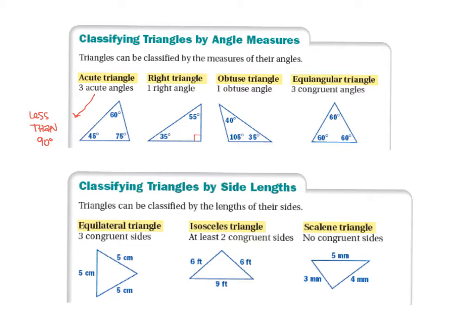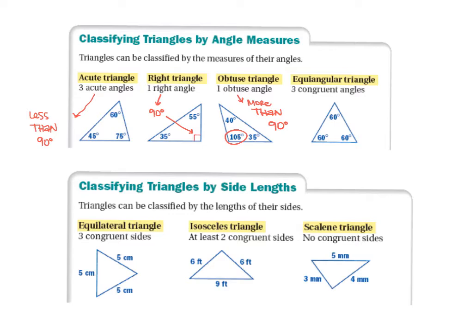If the triangle has one right angle, which remember a right angle is 90 degrees, in this case it's that one right there, it is called a right triangle. If it has one obtuse angle, and remember obtuse means more than 90 degrees, so in this case there's the obtuse angle, so it's called an obtuse triangle.